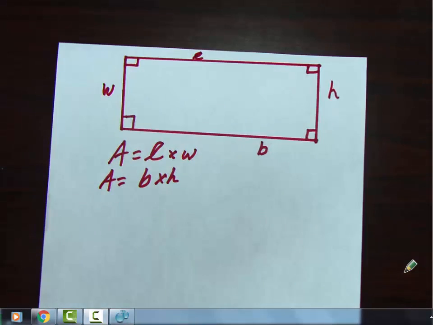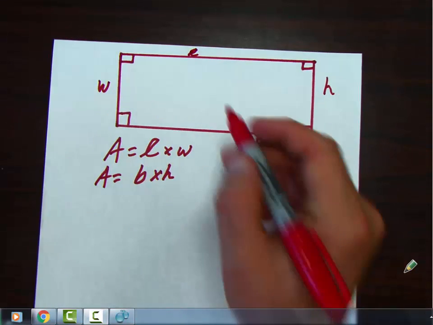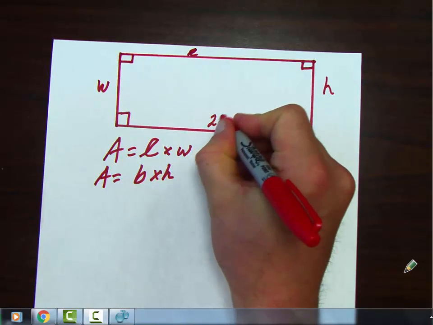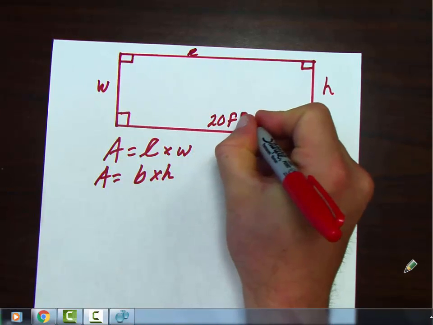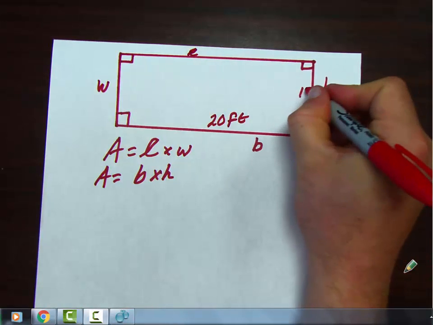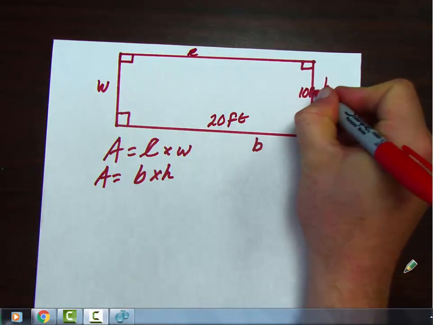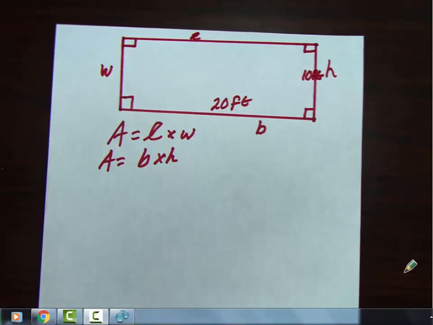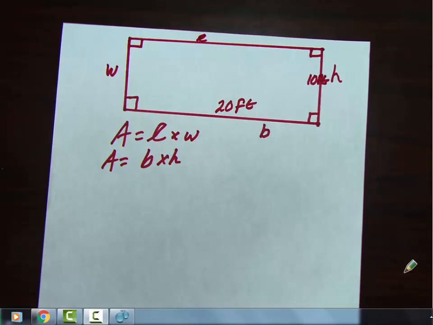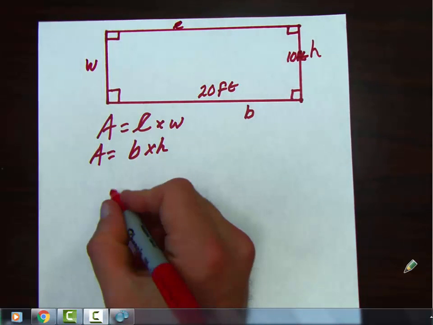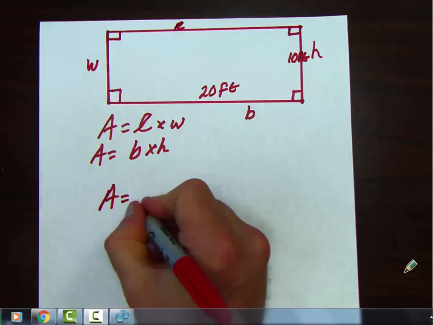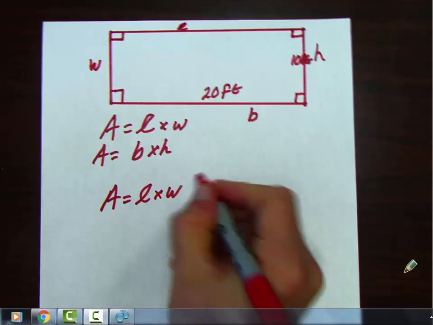So let's plug some numbers in and work with this. So this side is 20 feet, and this side is 10 feet. So I'm going to write my formula, and I'm going to use area equals length times width.